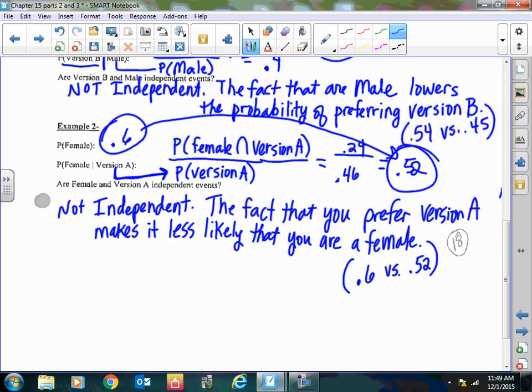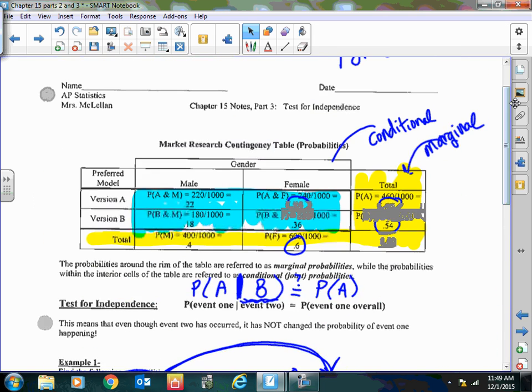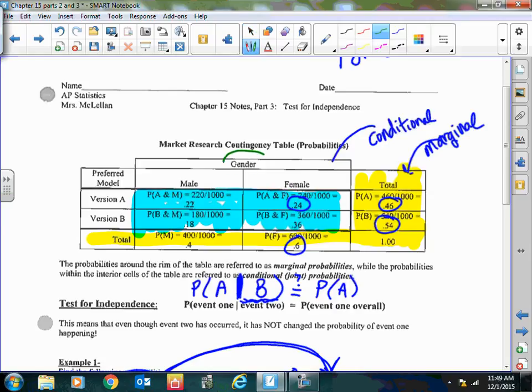Okay, so that's the test for independence. Now, I will tell you one other thing. Frequently you would have to make this up yourself, female and then female given version A. Or if I just showed you the top of this problem and said, are gender and model preference independent? Then where would you go with that? You would pick one or the other. So pick one.